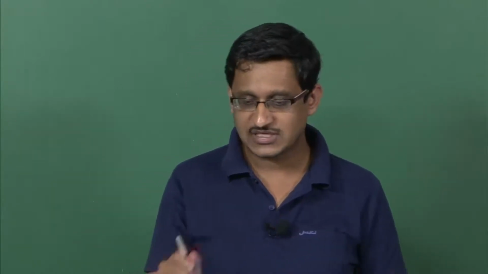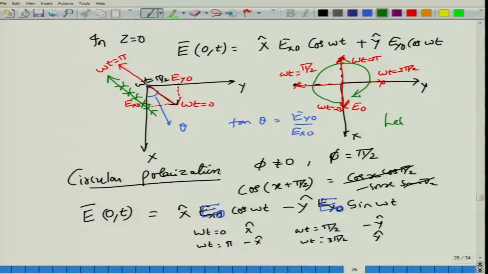So such a wave is said to have a left circular polarization. This left circular polarization is when you look from the top at the wave and it makes a left-handed motion. You can take this as an exercise.